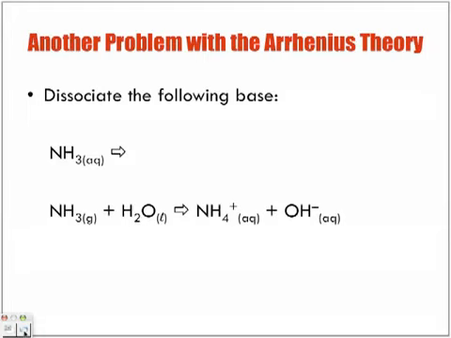Notice the subscript here, L, liquid. It combines, and the water is going to give up one of its hydrogens. And what is the NH4+? The ammonium ion, that we've seen back in the polyatomic chapter. And then here's our base, the OH-. So it doesn't look that way based on the dissociation method brought up by Arrhenius. So it didn't work here with some of them.